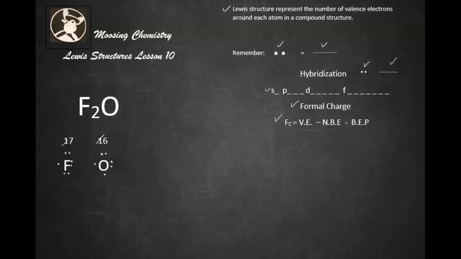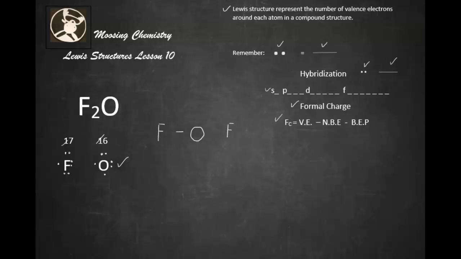Now, our oxygen is going to be our core atom because it has 2 docking ports, but fluorine only has 1 docking port. So now we're going to put oxygen in the middle, and we're going to put an F on either side.